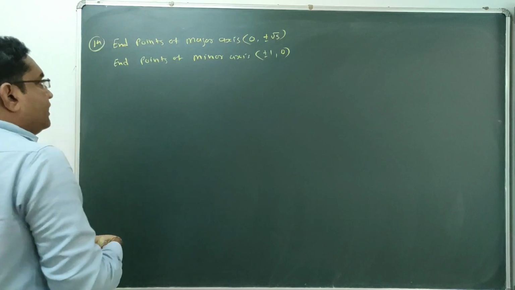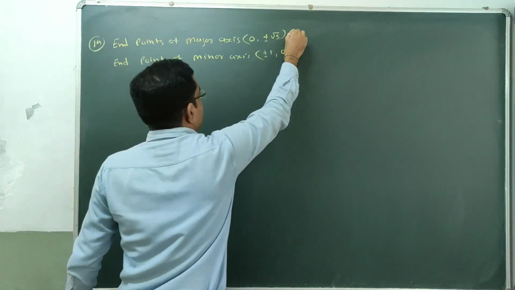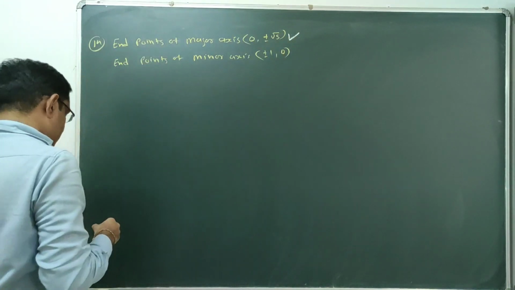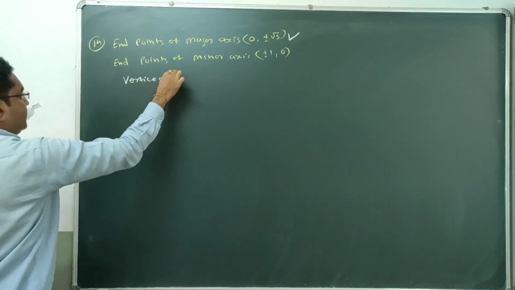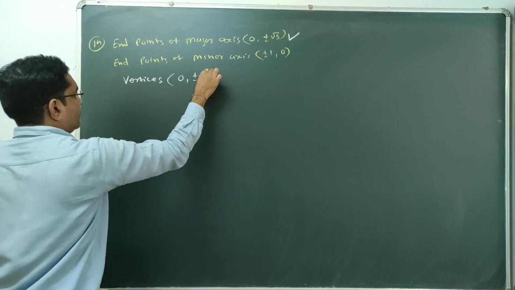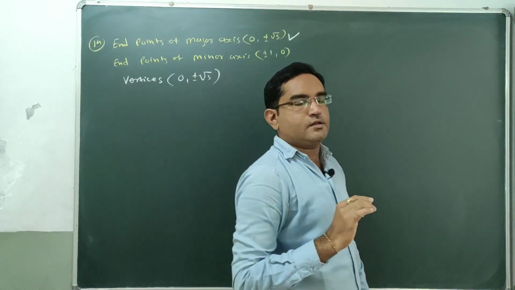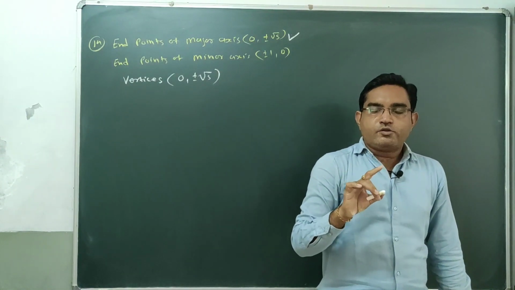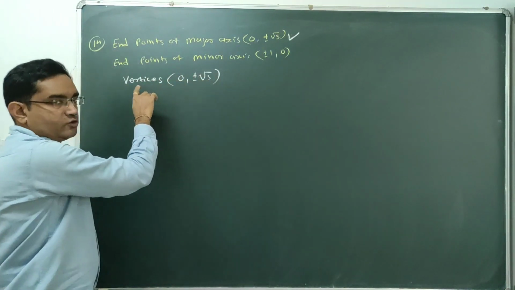First we have to check the endpoints of the major axis, because they give us the coordinates of the vertices, which are 0, plus or minus root 5.